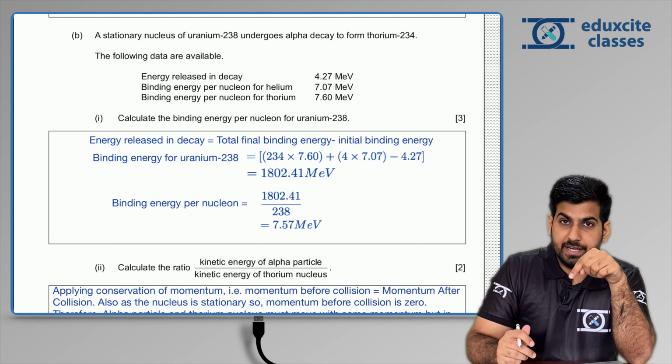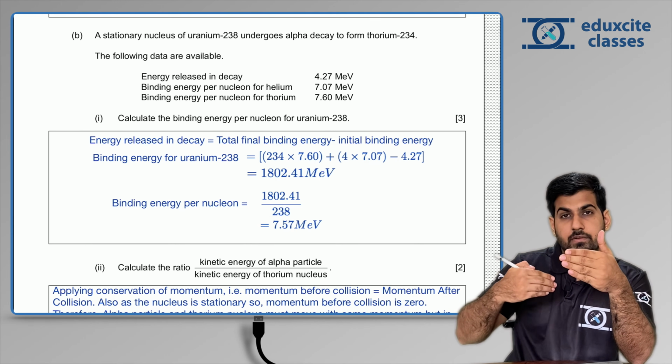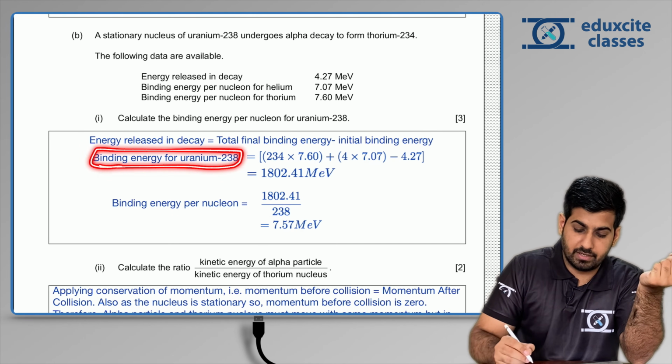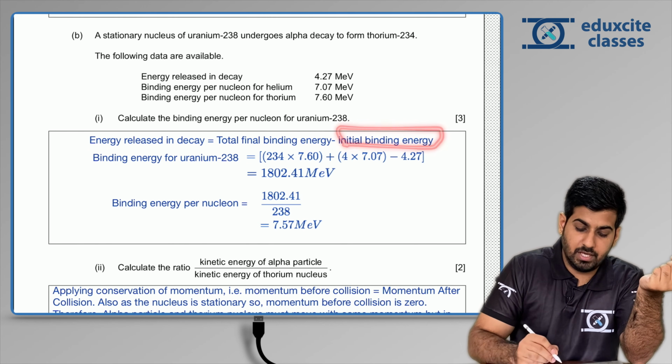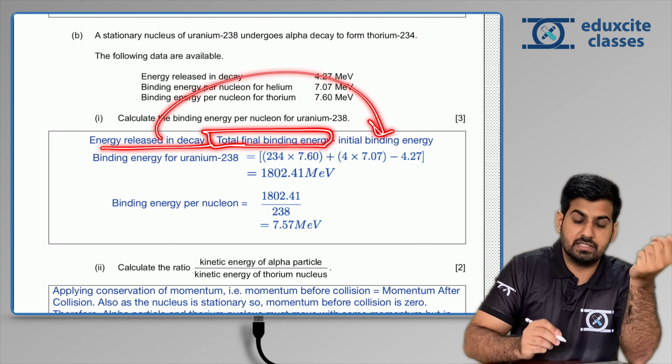The data are given per nucleon, so we have to multiply by the number of nucleons. So the binding energy of uranium-238, the initial case, equals the total final binding energy minus the energy released in decay.